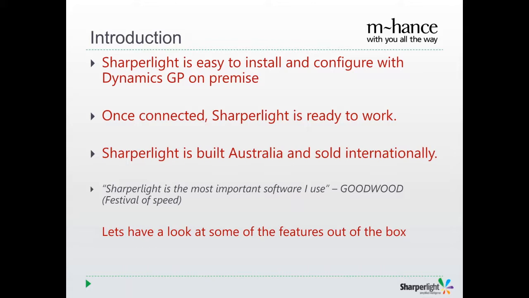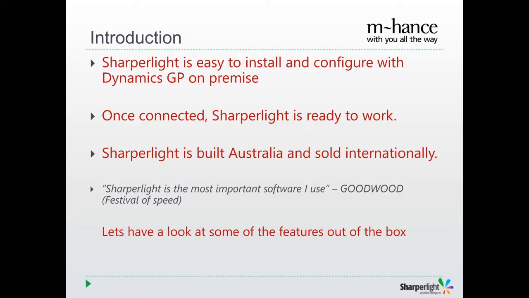On a recent trip to the UK, I was pleased to meet with a client who said that Sharperlight is the most important software that they use. That was Goodwood Festival of Speed, and we were pleased to be part of the analysis which allowed the Goodwood Festival to increase the number of stands that they were intending to have.